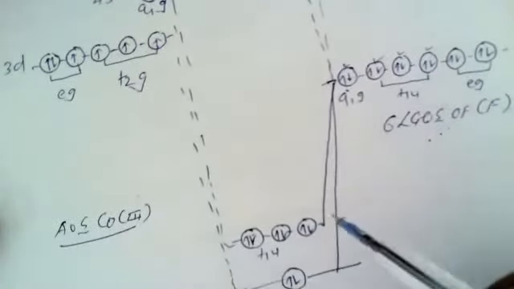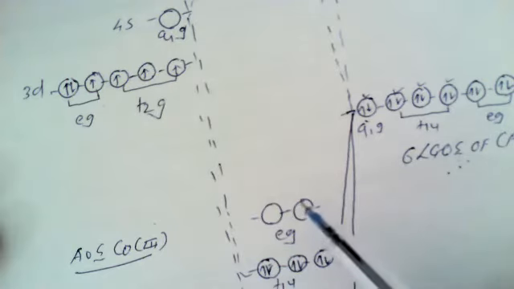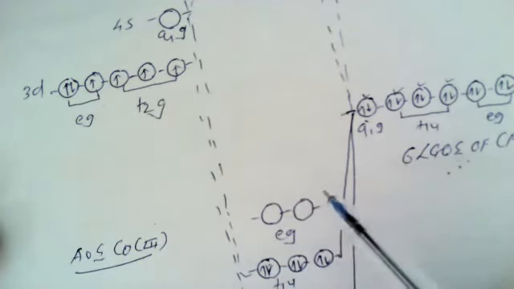Now look here. If we look at the EG side of the metal, which contains 3 electrons, the EG side of the LGOs contains 4 electrons. Here, according to the convention of molecular orbital theory, all the electrons are contributed only by the ligands, not by the metal.